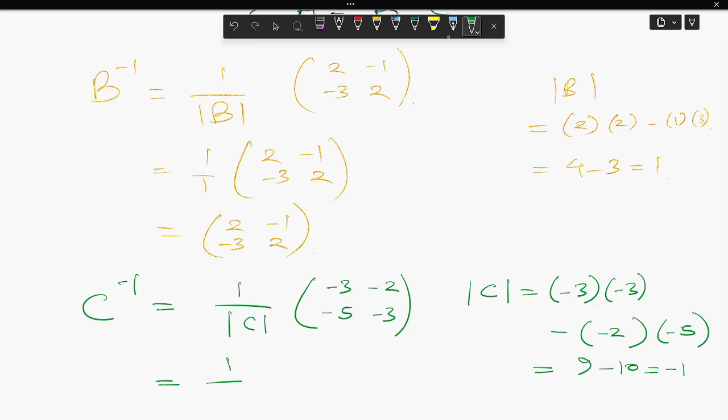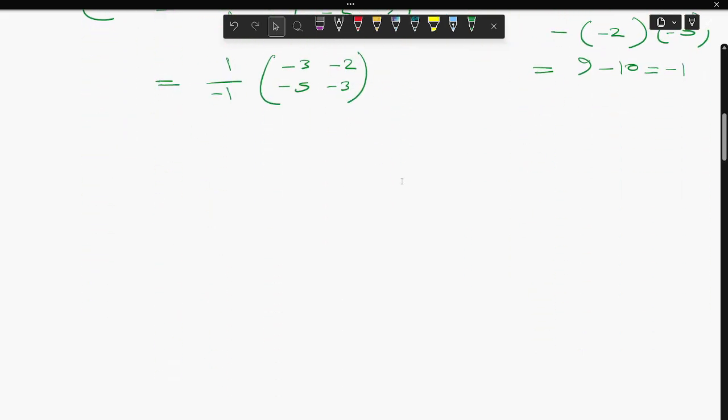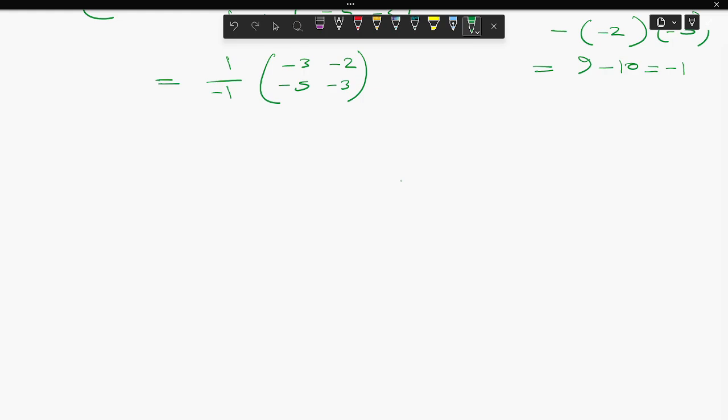So our C inverse will be 1 upon minus 1 into [-3 -2; -5 -3]. As we are getting minus 1 as the scalar here, our C inverse will be [3 2; 5 3].